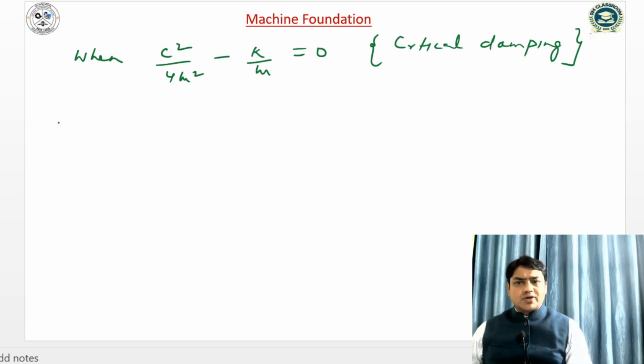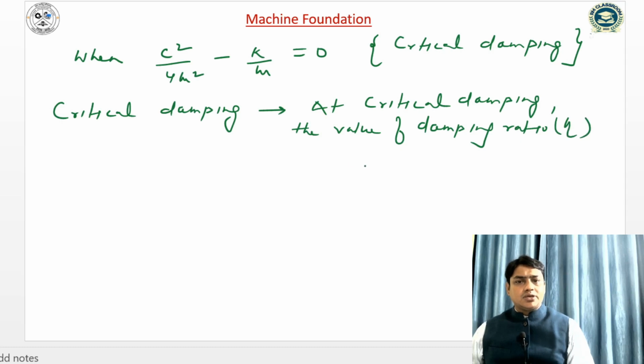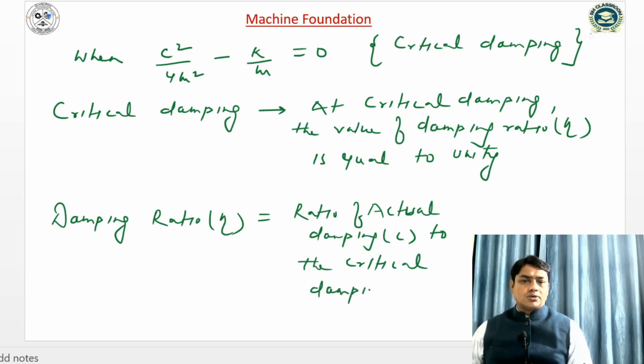If I define the damping ratio, denoted by eta, it is the ratio of actual damping to the critical damping Cc.